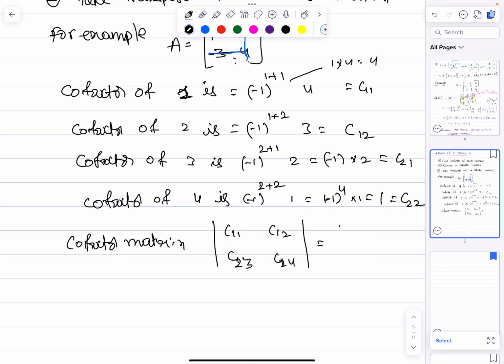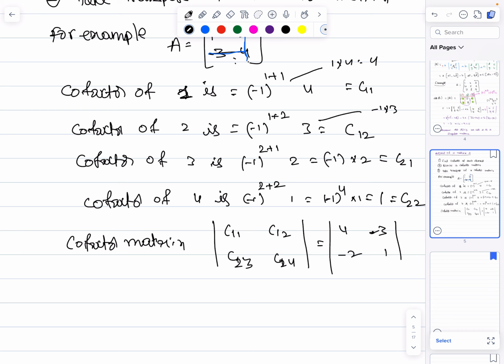And C12 is minus 1 into 3, therefore minus 3. C21 is again minus 2, and C22 is 1.